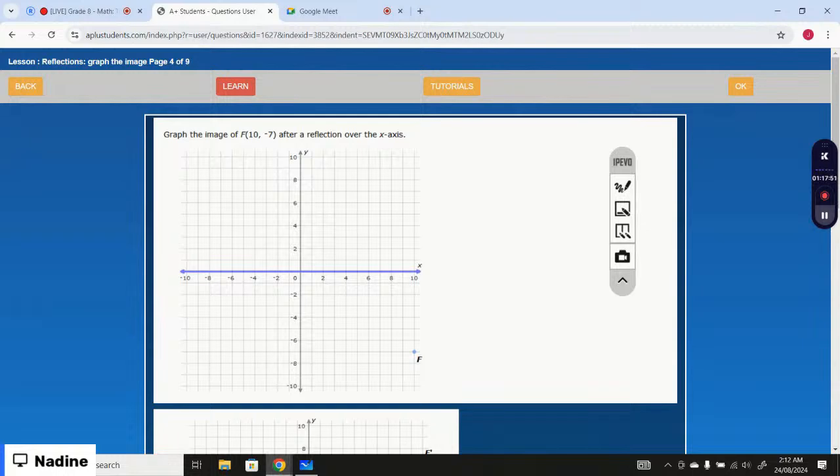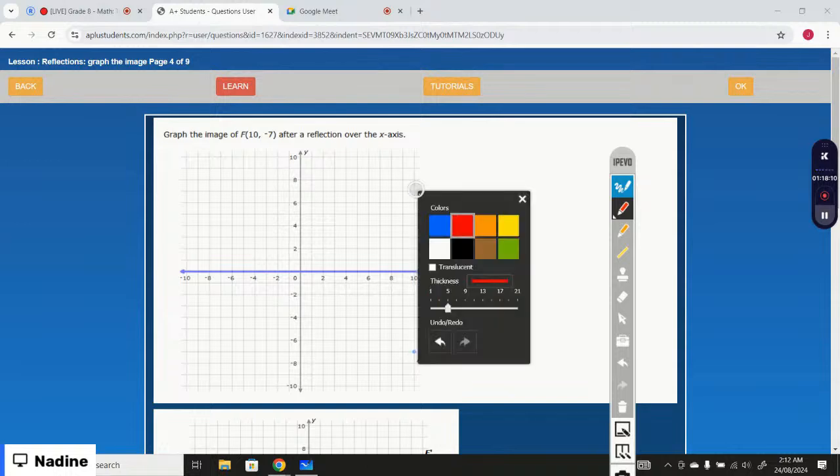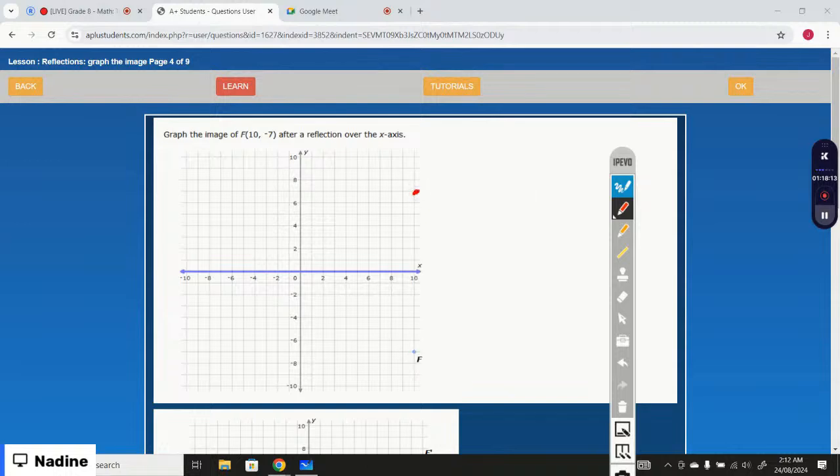The point must be the same distance from the x-axis. When you reflect the image along the x-axis, it is exactly the same distance over the x-axis, right? The reflected image has exactly the same points, but F dash is 10 and 7. The correct option is 10 and 7.